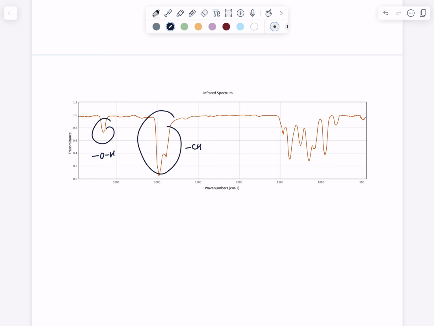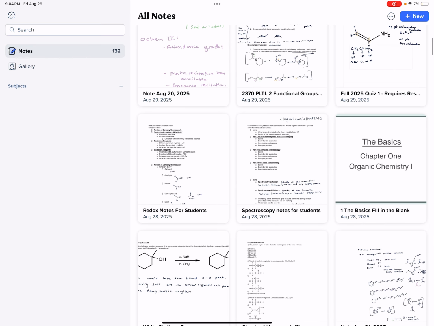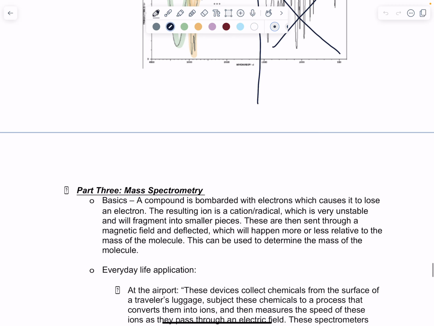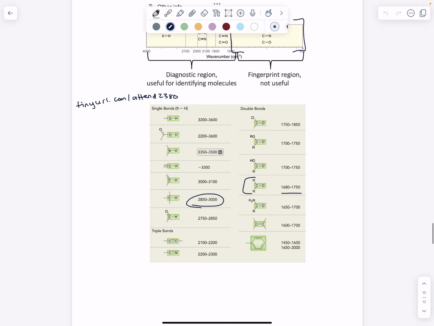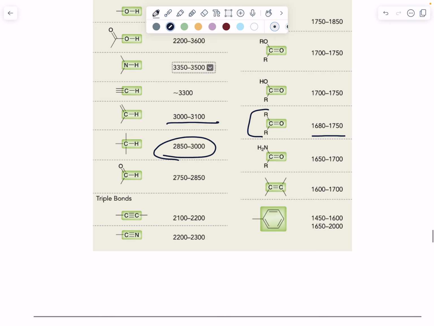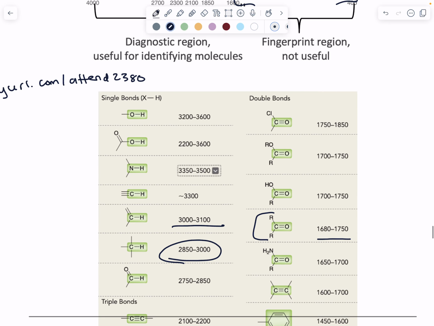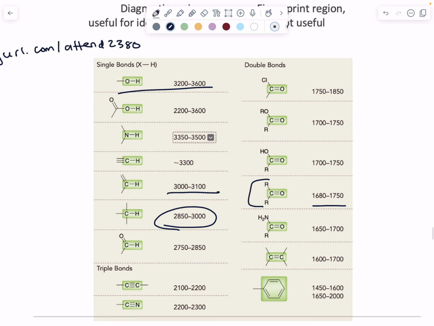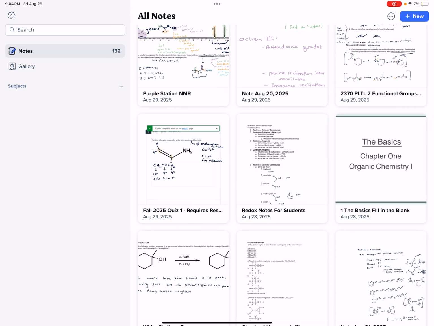Let me look at my spectroscopy notes just to make sure I didn't flip those. Okay, yes, carbon-hydrogen around 3000 and oxygen-hydrogen shows up around 3200 to 3600. Great.